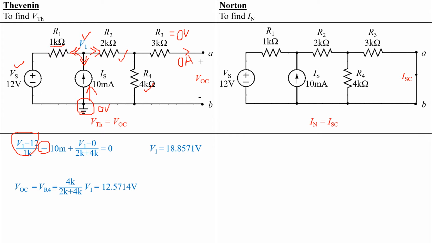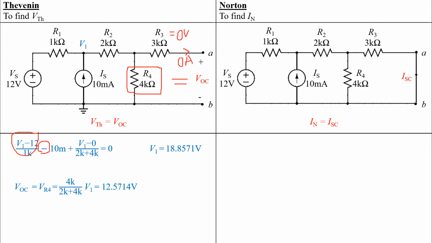After finding the voltage V1, we can find the open circuit voltage VOC using the voltage divider rule. This VOC will be equivalent to VR4 because the voltage across R3 is 0.